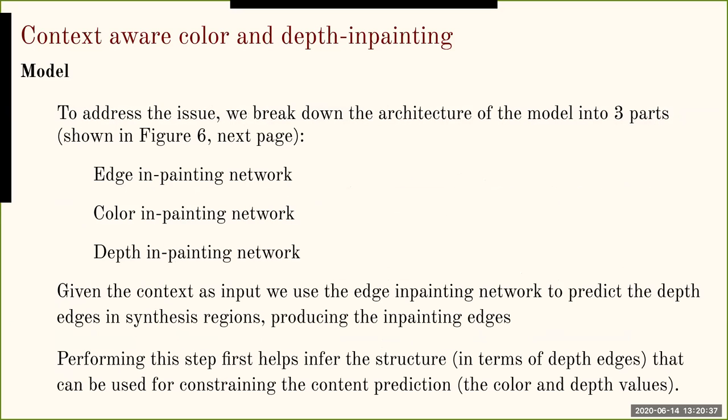So to address the issue, we will break down the architecture into 3 parts. That is the edge inpainting network, color inpainting network, and depth inpainting network. So a model is having another 3 models within itself, and they're assembling the 3 models and creating a new model with that. So these are the dependencies which we will see.